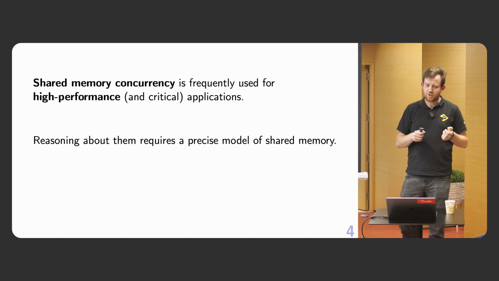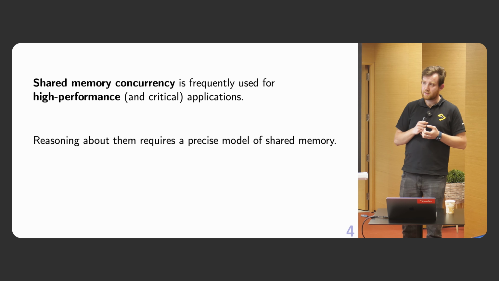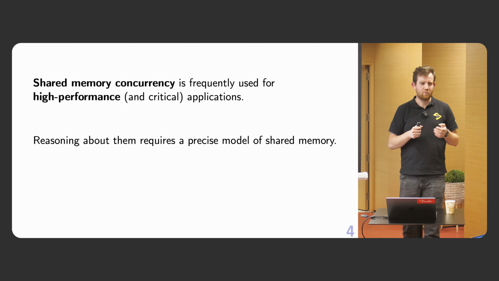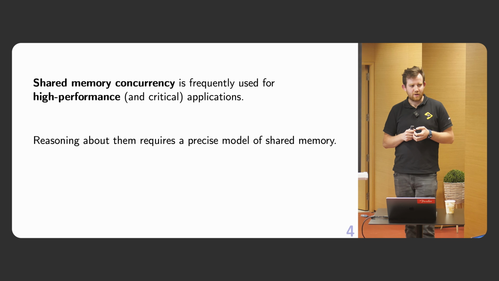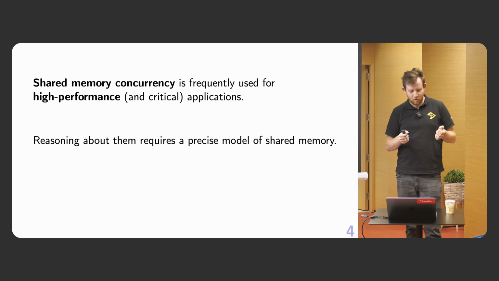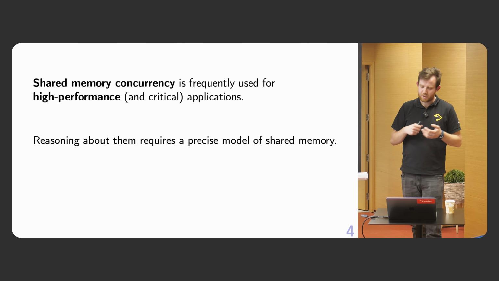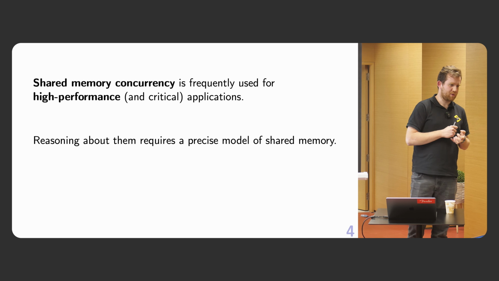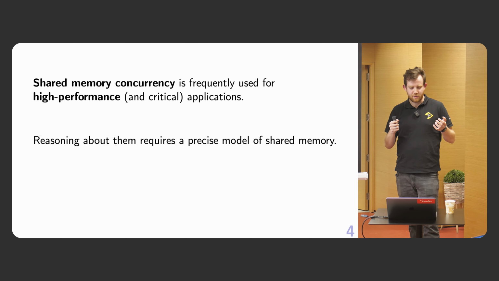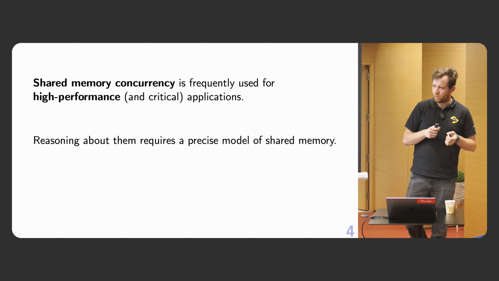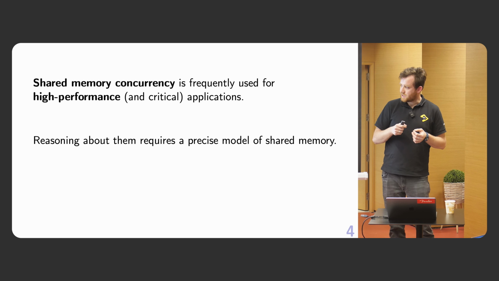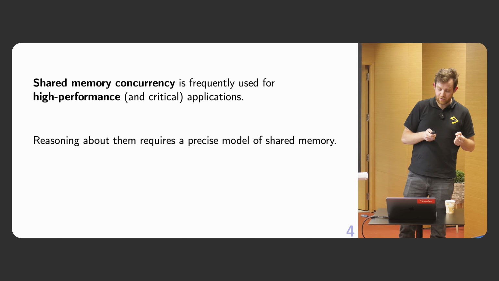Shared memory concurrency is actually quite complicated, so it's very easy to write a program which does not do what you want. It may have very subtle problems. So it's extremely important to be able to reason about such programs precisely. That's why we need very formal, very precise models of shared memory concurrency.